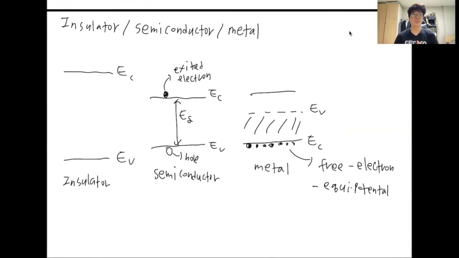And if there is no band gap, or it is low enough, then we call it a metal. So metals have equipotentials, and there are a lot of free electrons. Between them, there are semiconductors, whose band gap is not big enough for an insulator. However, it's not as close as the metal.